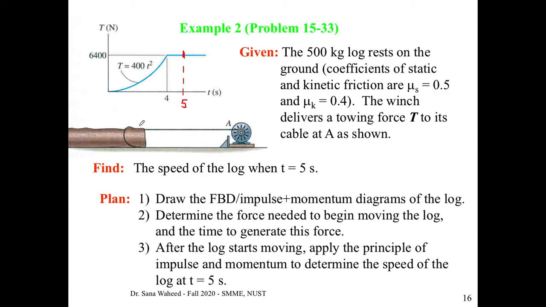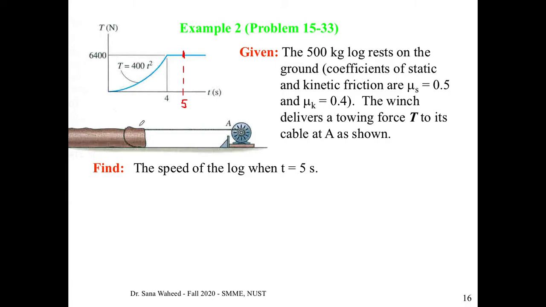So we're going to read through this problem and then work from there. But before that, let's discuss what our plan will be. As I was saying, first we figure out whether the tension will ever exceed the friction, that is, will the log ever move? Next, if we establish that the tension does become larger, meaning it will move, then we'll draw our free body diagram or impulse momentum diagram.